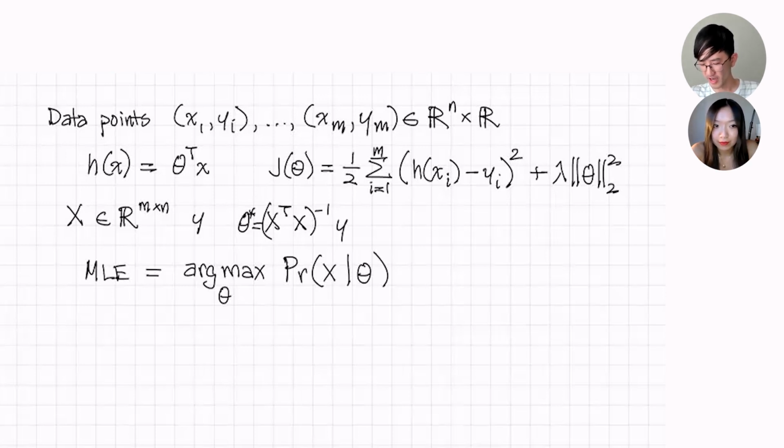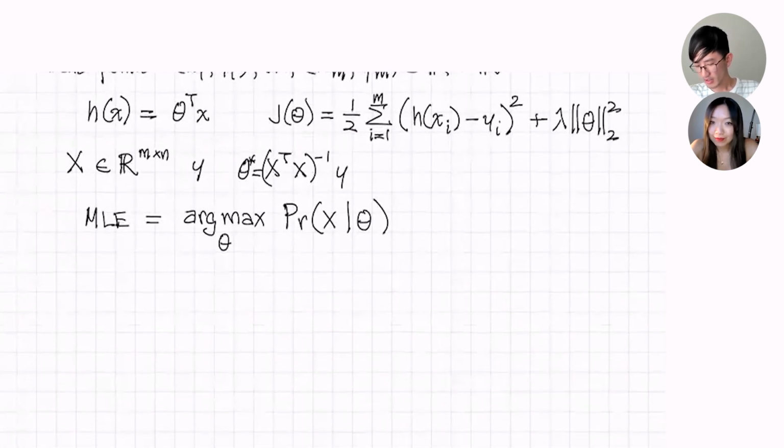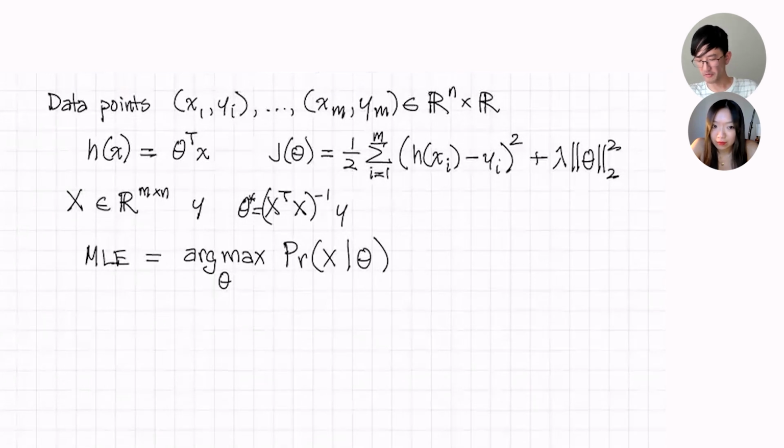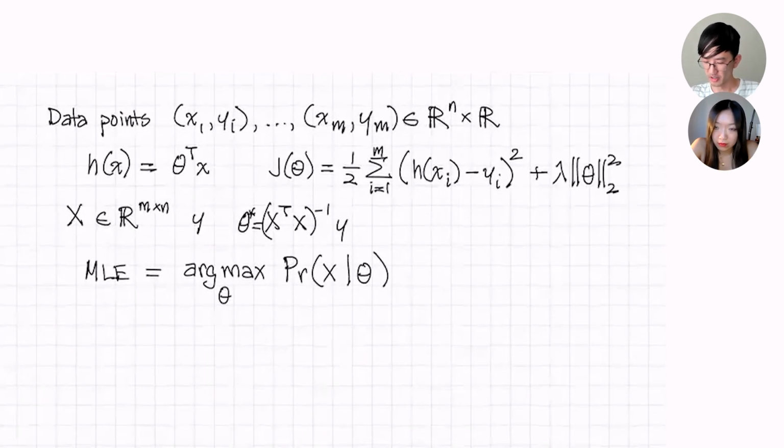It turns out that if you compute the MLE for linear regression under some assumptions, then you will find that the squared error actually comes up with the maximum likelihood estimate.